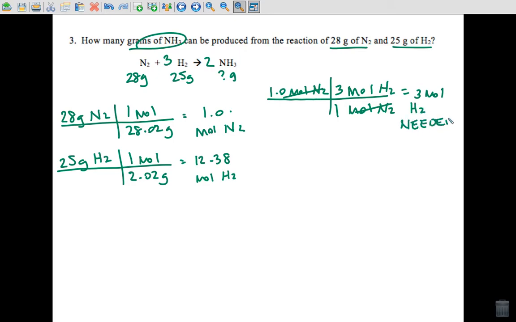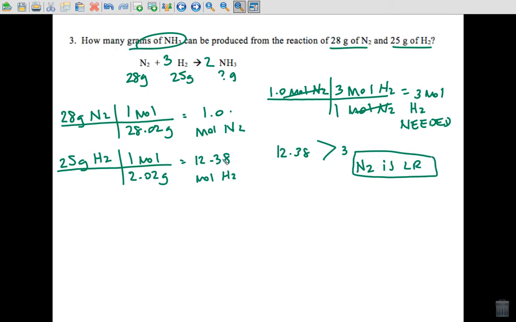So again, what this is saying is if you have 1 mole of N2, which you do, according to the ratio, you need 3 moles of H2. And I say, okay, I have 12.38 moles of H2. I needed 3 moles. I have more than enough, which means my H2 is in excess, which by default, N2 has to be limiting.